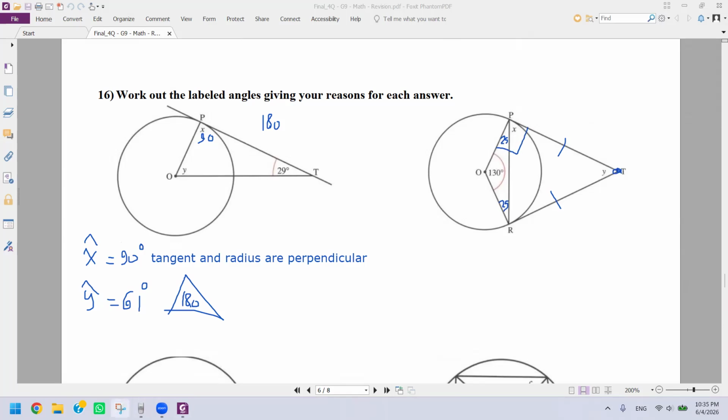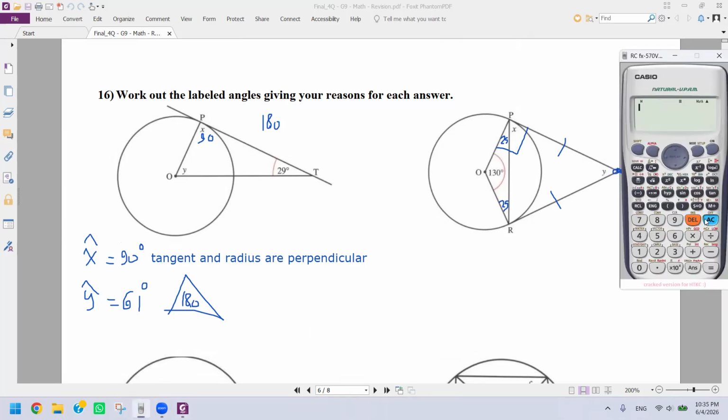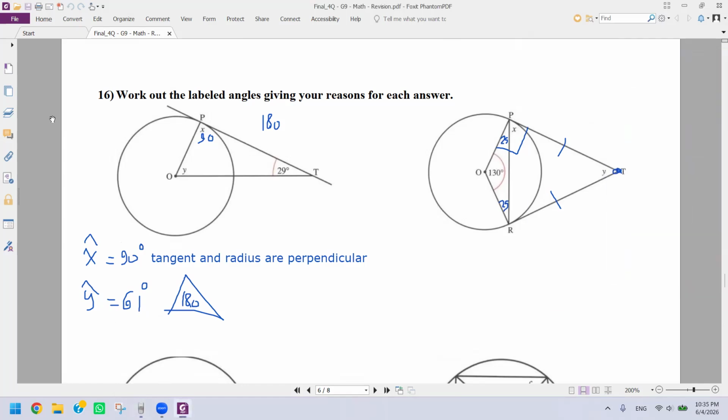It's 90 minus 25, which is 65. What does that mean? This is 65. This is 65. How would I find Y? You know, in a triangle, the sum of the angles is 180.